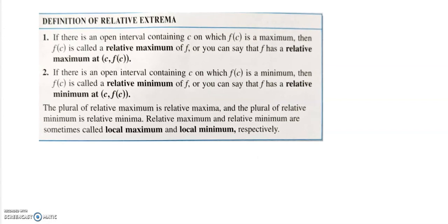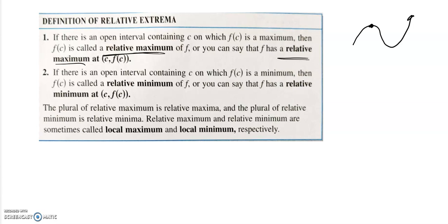It's basically if something is a relative maximum, then in that area, that's the highest point. So if you have a graph right here, that's a relative max.